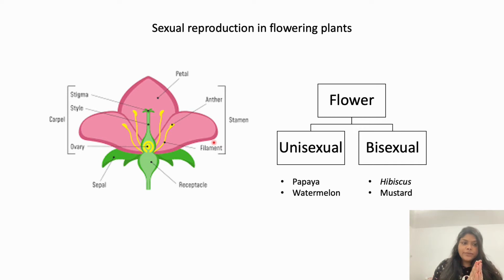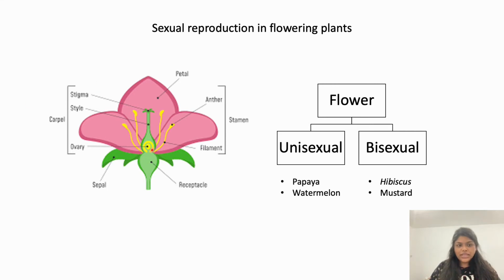Now, based on the presence of these 4 whorls, any flower can be distinguished into 2 broad categories, the unisexual flower or the bisexual flower. If a flower has both the male reproductive organ and the female reproductive organ in the same flower, then it is called a bisexual flower, as in the example here.